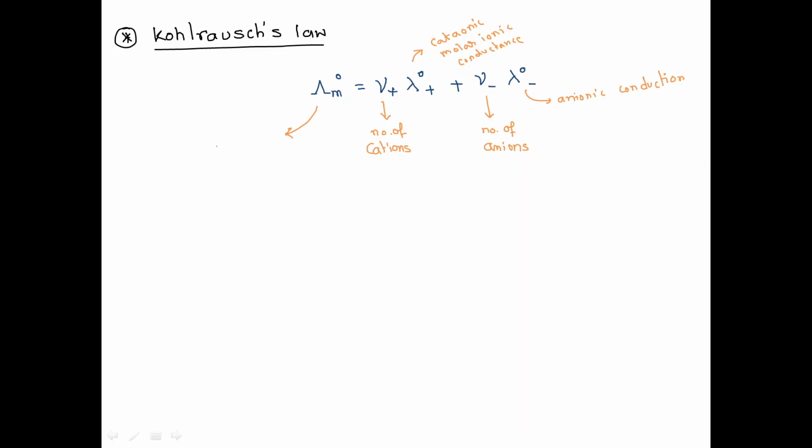Lambda 0 m is essentially the molar conductance of that particular electrolyte at infinite dilution. So that is essentially the Kohlrausch law. Please go with me, I will explain a numerical problem related to Kohlrausch law, so then you will get the actual essence of the Kohlrausch law.